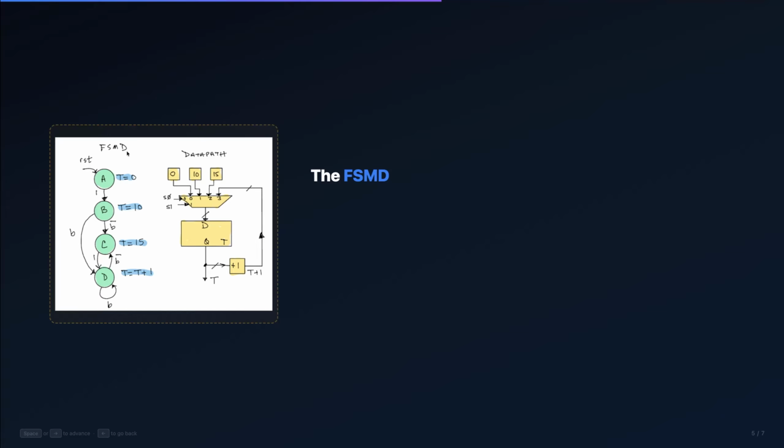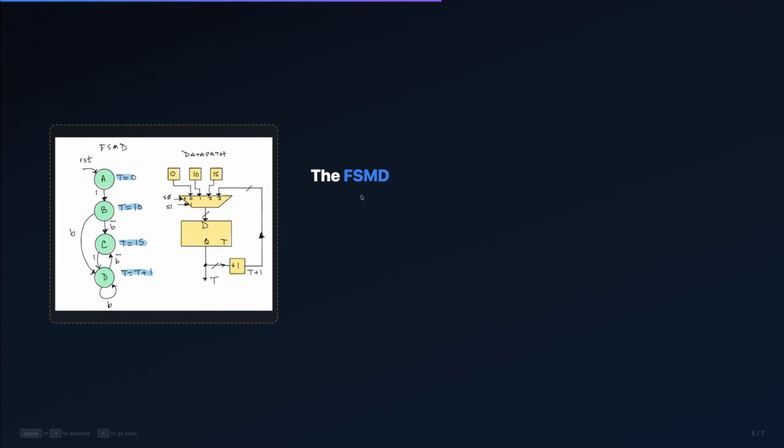Where it becomes having registers and transfers within those registers is to the side here in blue. I've highlighted where I have this T register. Think of T as maybe an 8-bit register, and you can load values of T that come from the different states. Okay, so once you have the finite state machine with the data path, then you can come up with the data path that supports that.